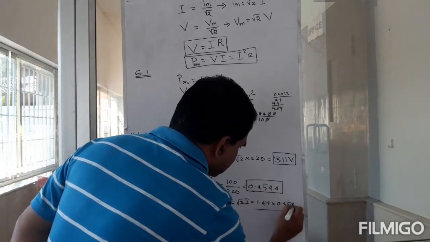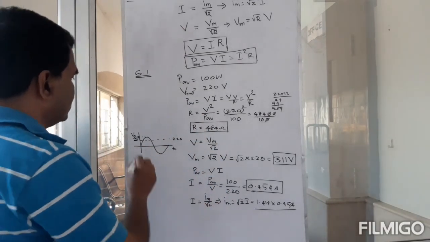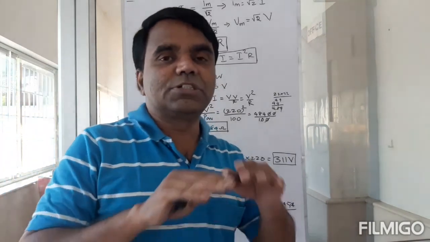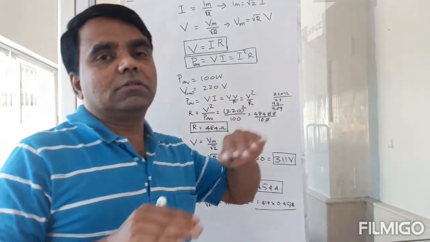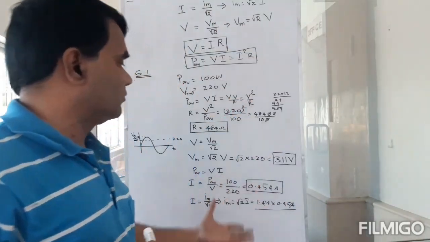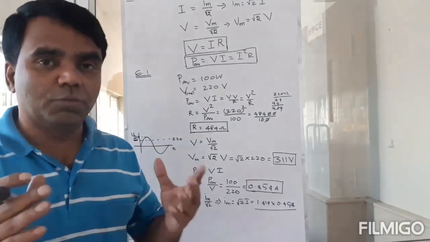So you multiply this, then you get the I max. So the maximum value of current you will get in the circuit. So much current will flow as a maximum value, and then it will decrease. So that is what will happen in the circuit. Hope this is clear to you.